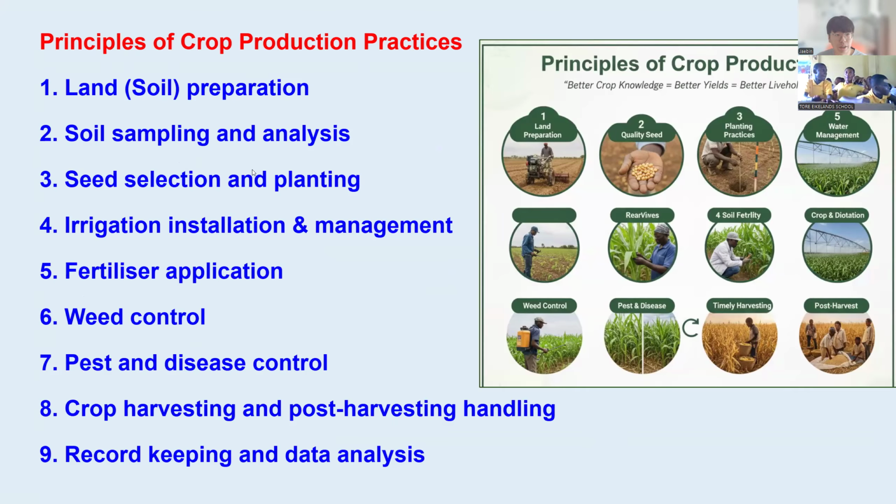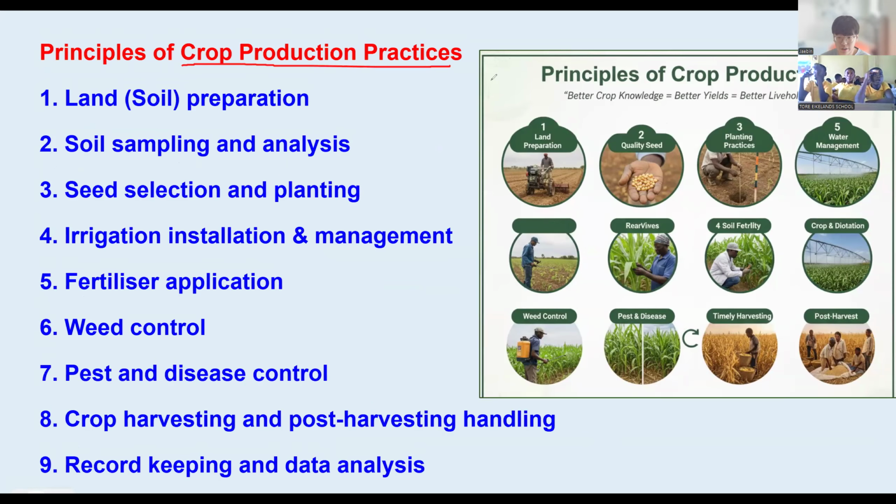Okay, now we're looking at the principles of crop production practices. So, all of these are ways that we do crop production practices. I'll read through each one of these, and I hope you're able to know why these are some of the crop production practices.